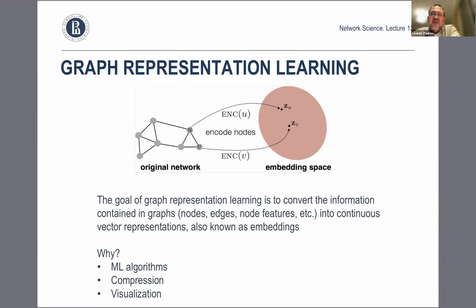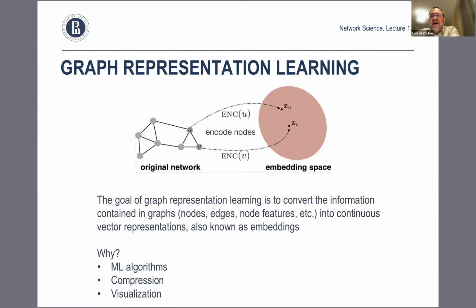Now, why do we actually want to do this? Well, there are several reasons. Reason number one is that most of the machine learning algorithms that we're familiar with operate on vectors, or on data points, which are vectors in high dimensional space. It's very hard to use a machine learning algorithm directly on graphs. We looked into two different types of tasks, for example, link prediction and node classification, and we looked into some very specific methods designed for that.